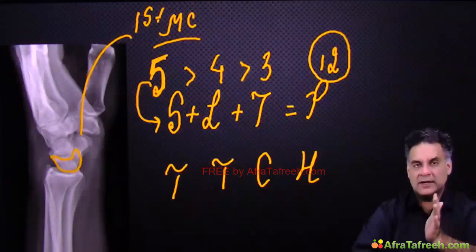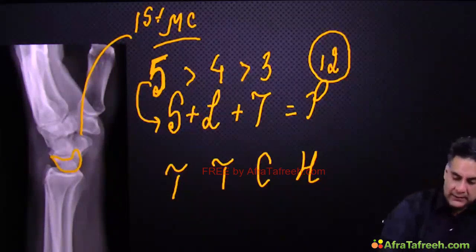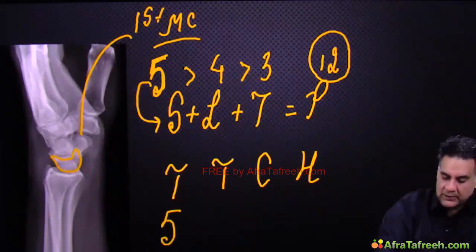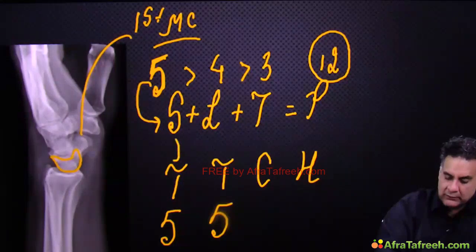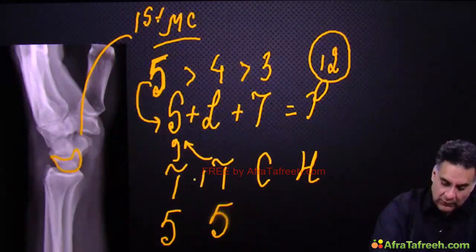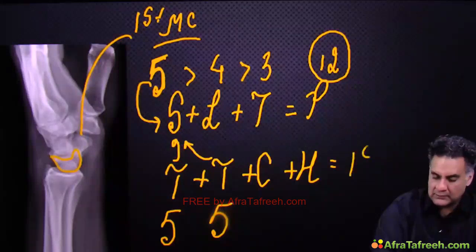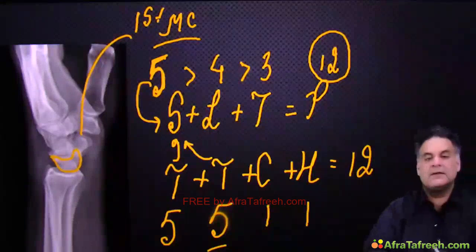Scaphoid, lunate, triquetral, total 12. And then trapezium and trapezoid, because you're trying to focus on 'she', is 5 and 5. And the total of the second row is also equal to pisiform, that is 12. So 5 and 5 is 10, so you're left with 1 and 1.